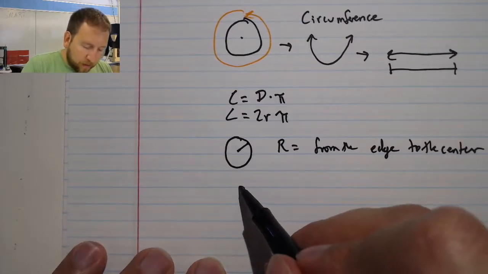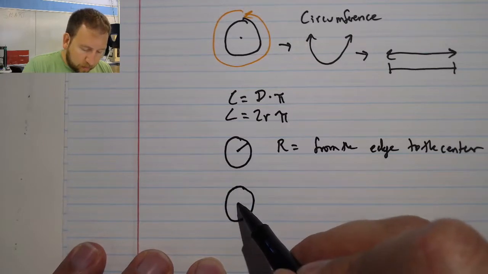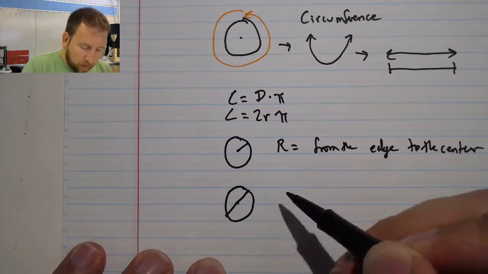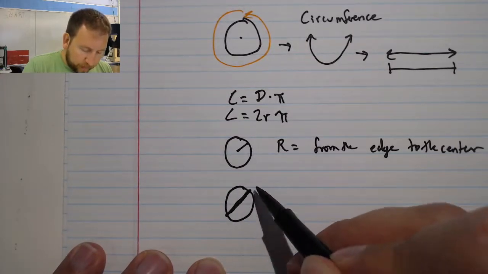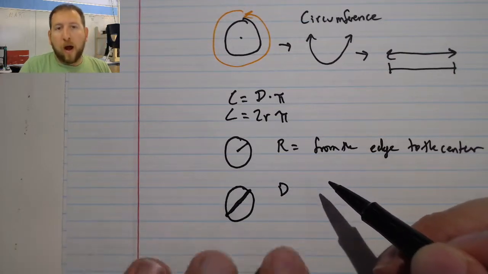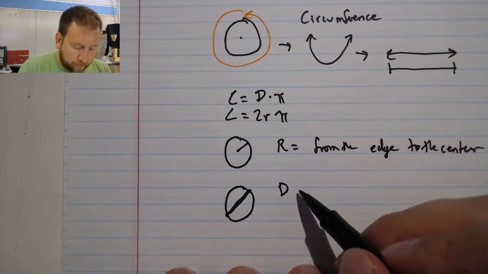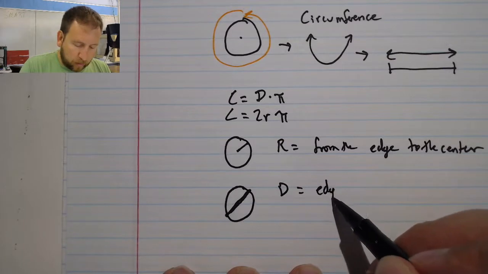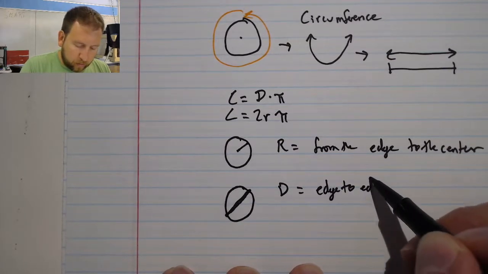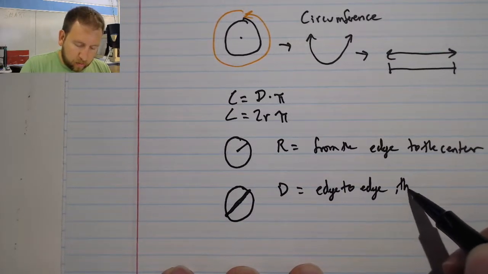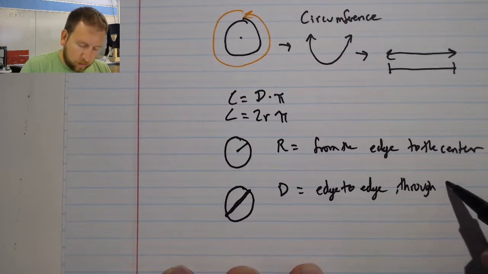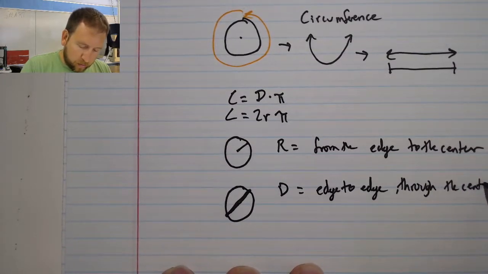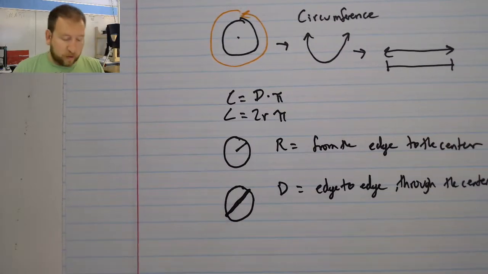And diameter goes edge to edge through the center. And these are the two things that we're going to be needing.